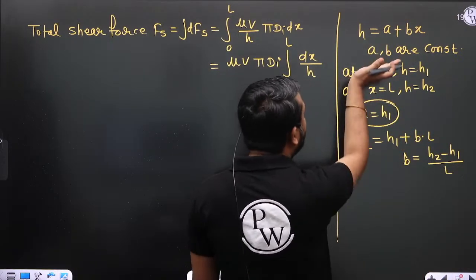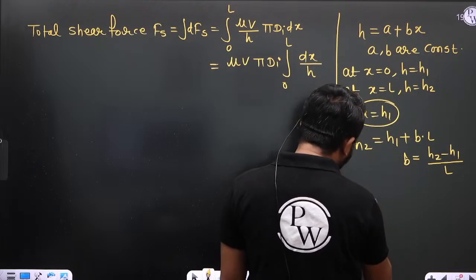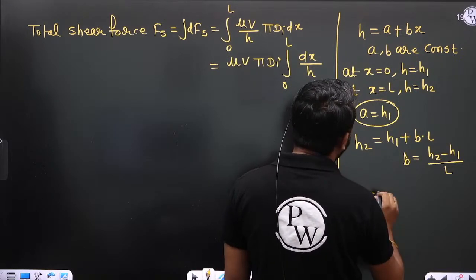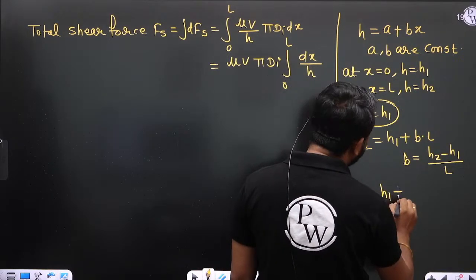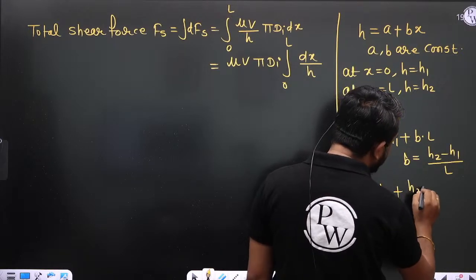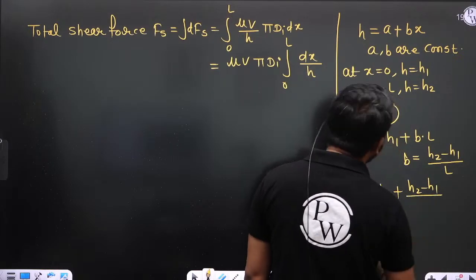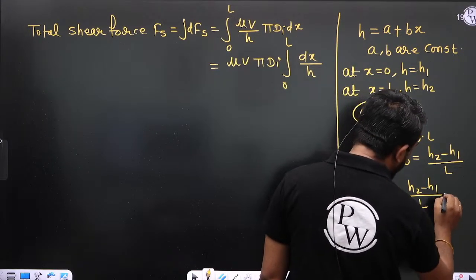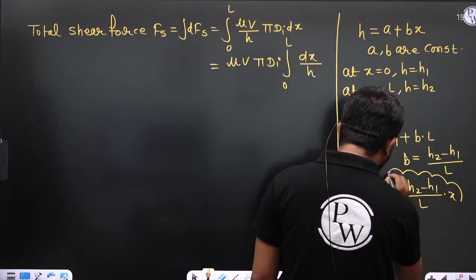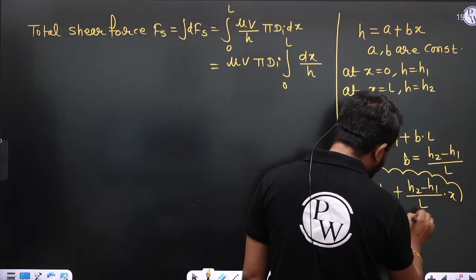So how does h vary with respect to x? Put the values of a and b in this expression. Simply we can write h is equal to h1 plus (h2 minus h1) by L into x. This is the variation of h with x.